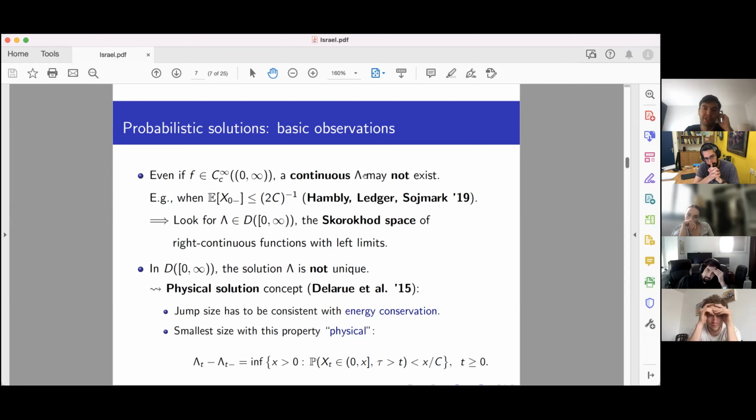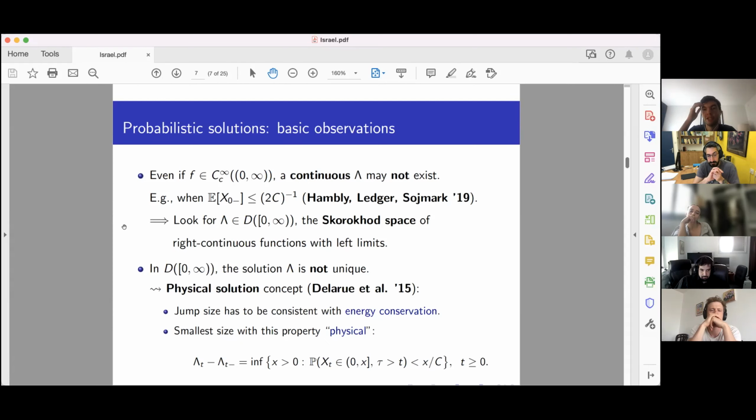There is a very simple, very short argument due to Hambly, Ledger, and Søjmark that shows that, for example, if the expectation of the initial condition is too small, below some threshold like 1/2c, you cannot have a continuous solution lambda to the problem on the previous slide.